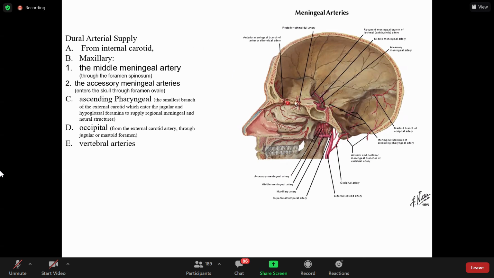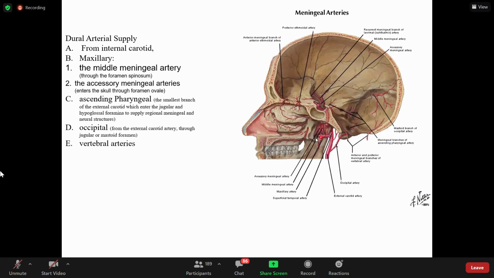But for now, I want also to touch on the blood supply to the dura mater. Dura mater will receive its blood supply from a zillion sources. Like you will have it from internal carotid, from maxillary, you will have it from the vertebral arteries, and so on. The most important is actually the middle meningeal artery.